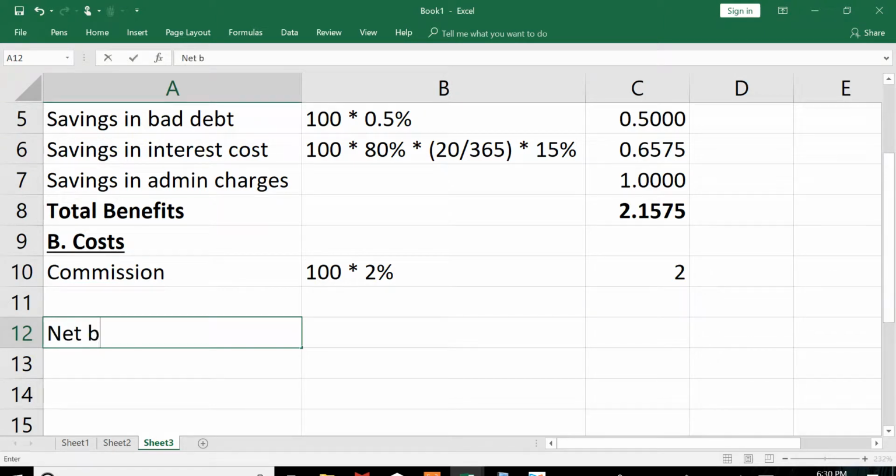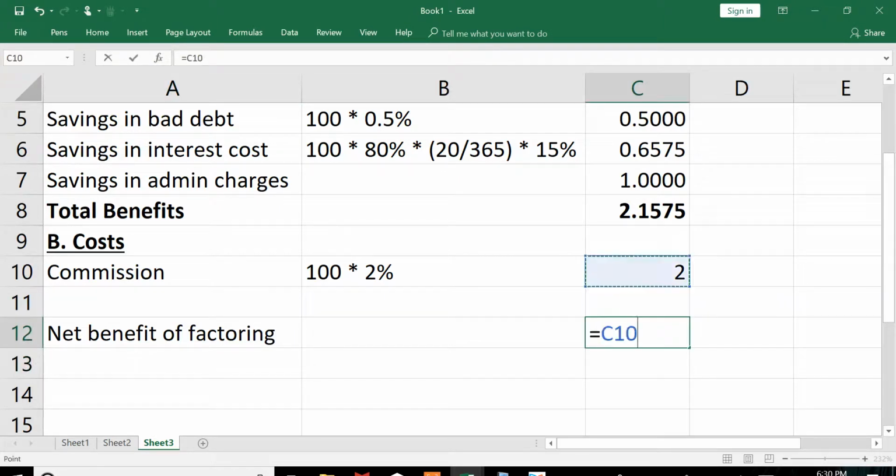The net benefit of factoring. It's beneficial for me to go ahead with a factoring arrangement. I'll end up saving some 15,750 rupees. 0.1575 lakhs is my savings.